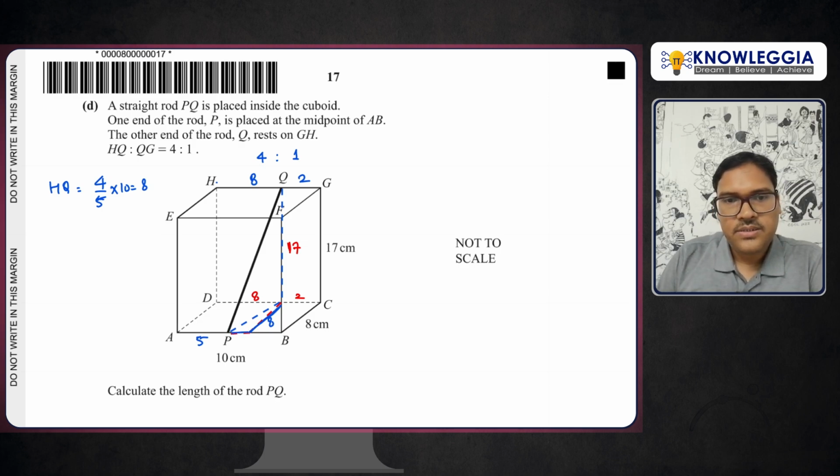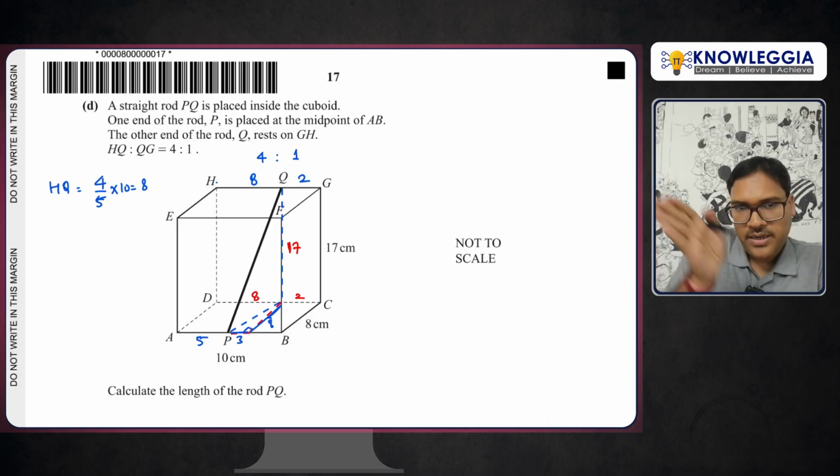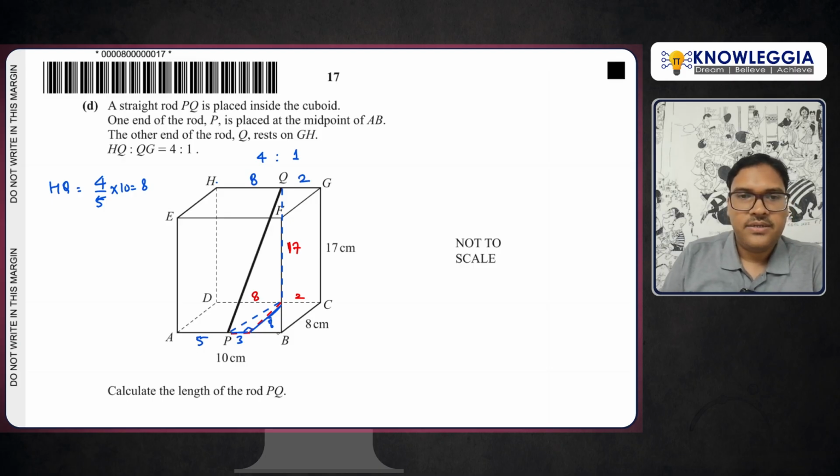And this length, you can see, this was total 5 and this is 2, so this will also be 2. So this is 3, right? So this length is 8, this length is 3. Now obviously this angle is 90 degrees again, because this is parallel. So this is perpendicular to this line, because this angle is also 90 degrees. So I can again say this length is root of 8 square plus 3 square.